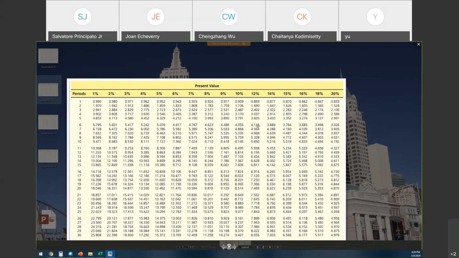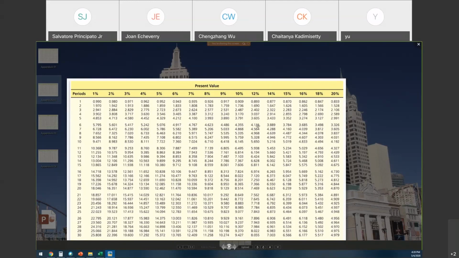The closest two factors are at 14%, 3.889, and the value at 12%, 4.111. So we can tell that this project's IRR must be somewhere between 12% and 14%.